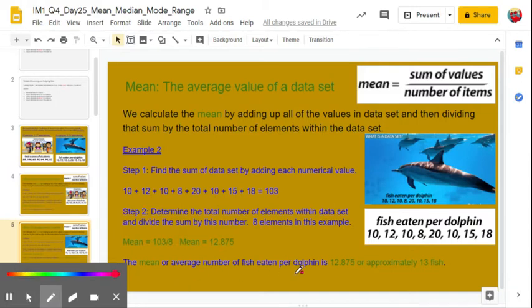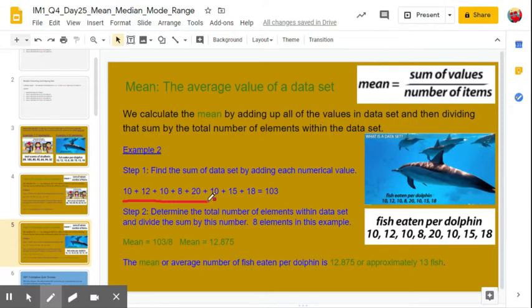For example 2, we're going to do the same thing. So this time we have 8 elements. So we're going to add those numbers up. And this time the sum is 103. And then step 2 is we're going to take the 103 and divide it by 8. So we get our mean value is 12.875.